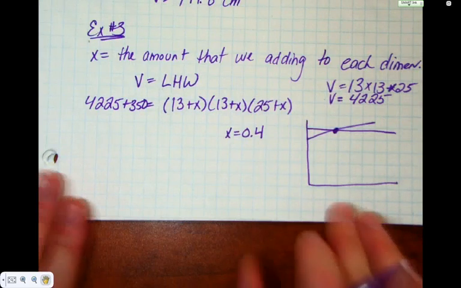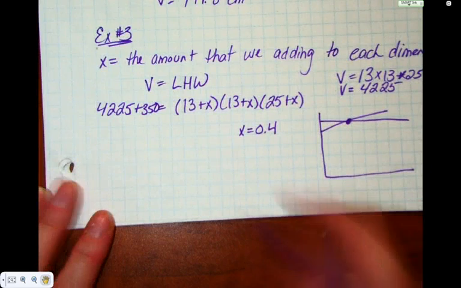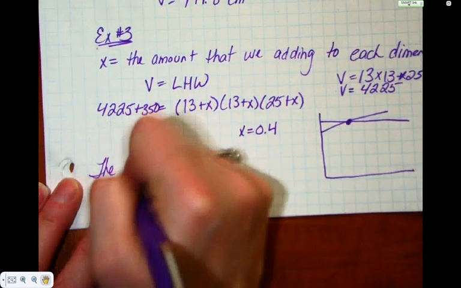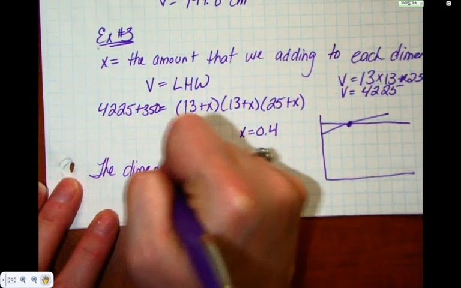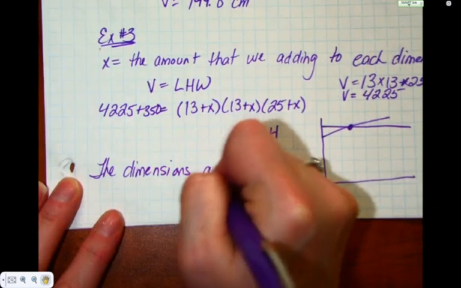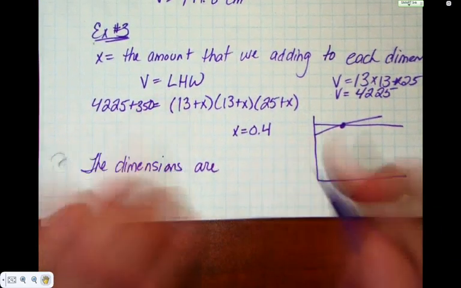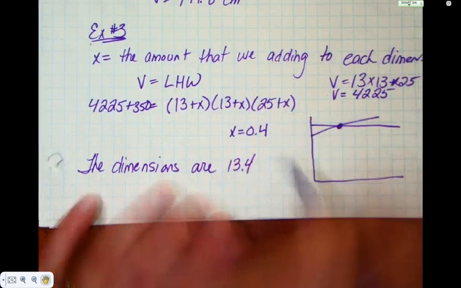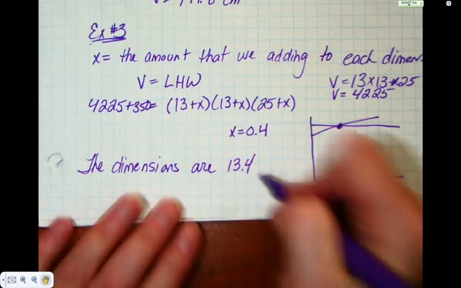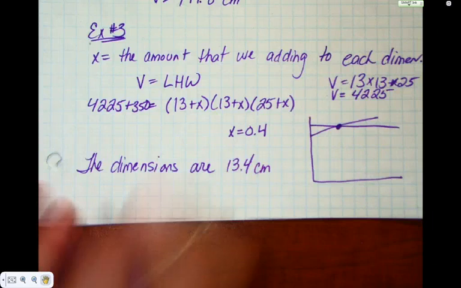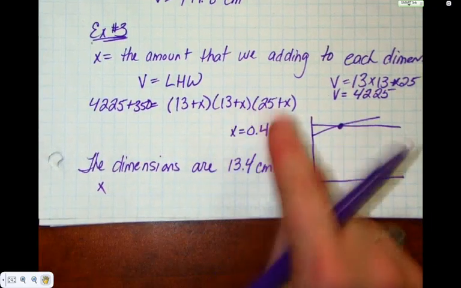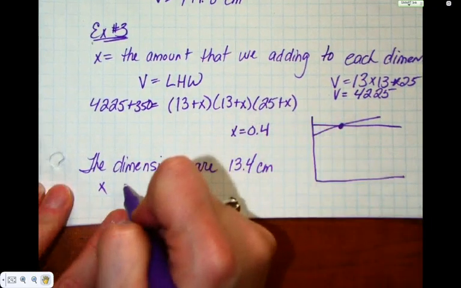No, what did the question want? Okay. It was 13, but we added. And what units? Second dimension was 13, but we added 0.4.